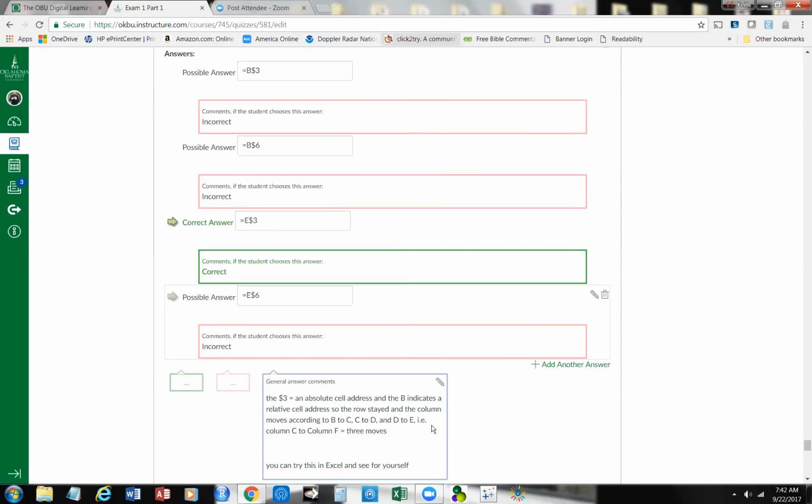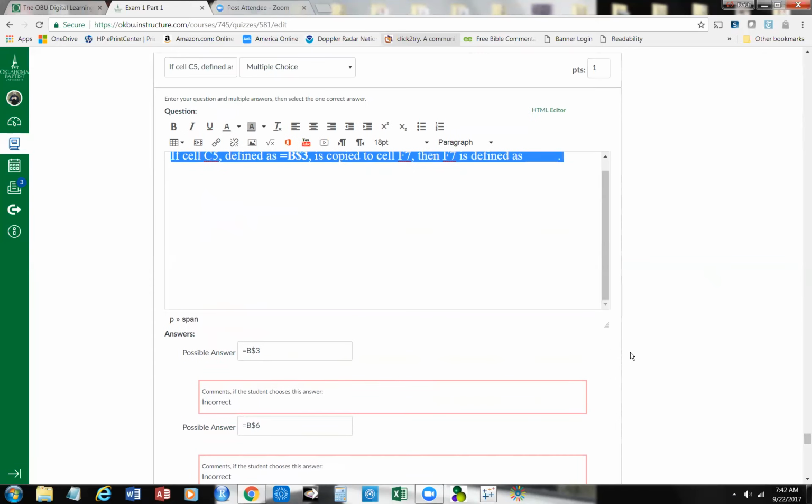Because remember, when you had that cell formatted, okay, you put a $ sign in front of the number, which is the row, but you didn't do anything with the column. As I say, you can try this in Excel and see for yourself. That's what I've talked so much about.